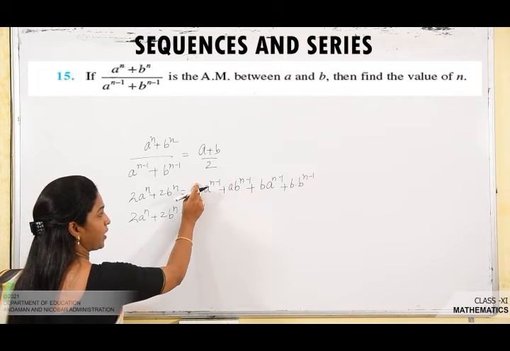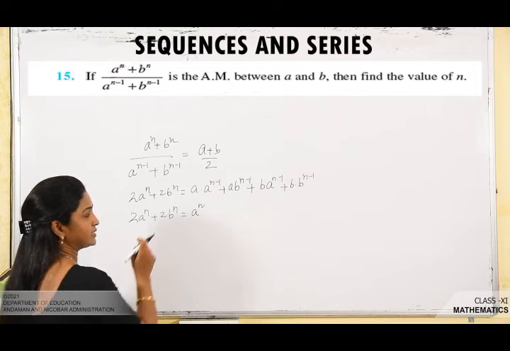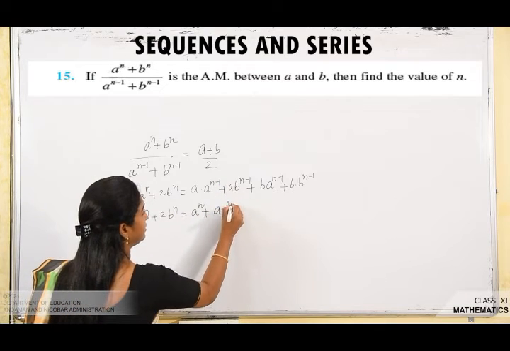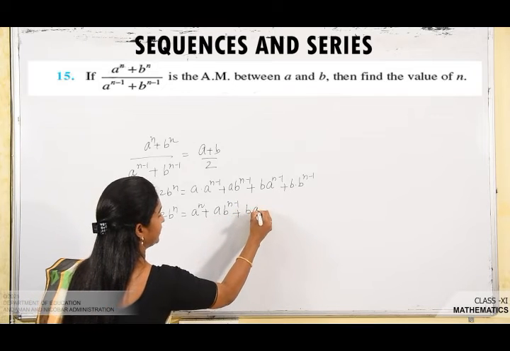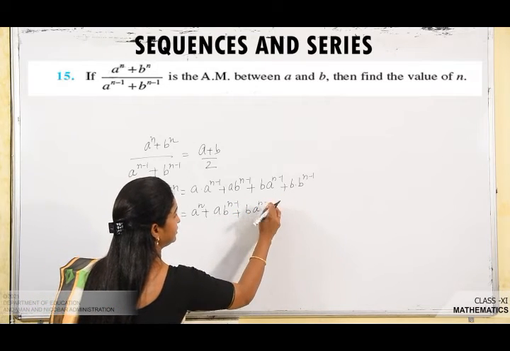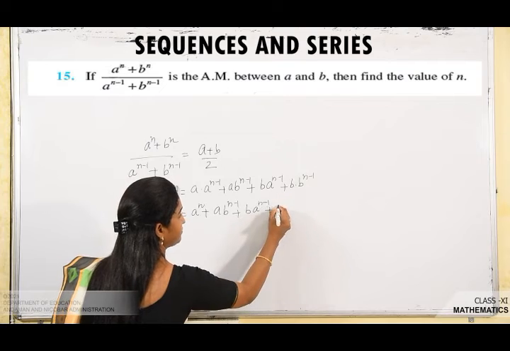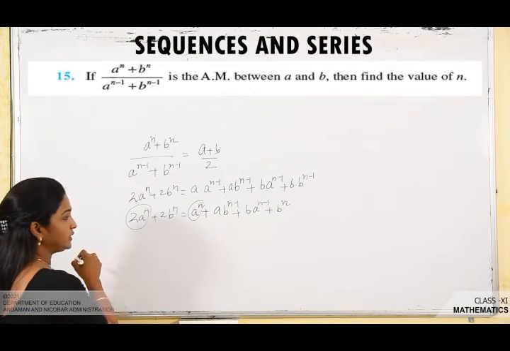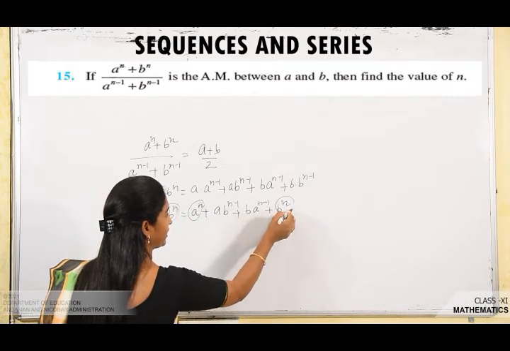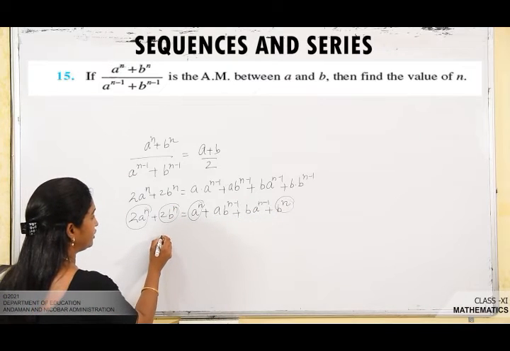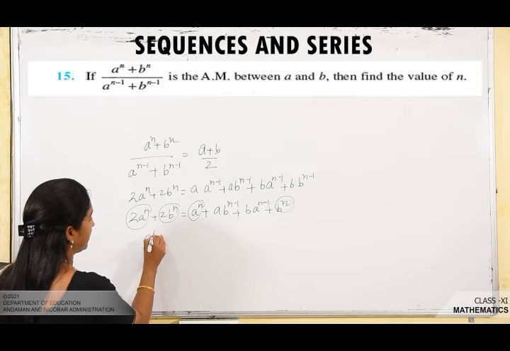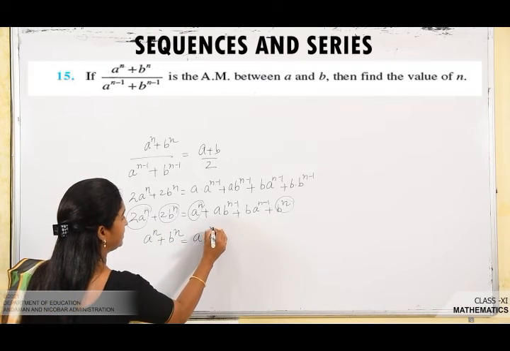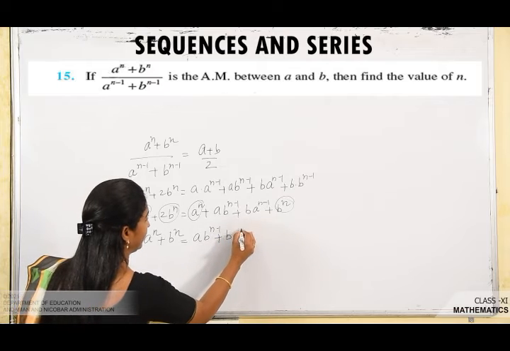Powers can be added, so 1 plus N minus 1, the 1 cancels out, and you are getting A to the power N. Similarly you get B to the power N. So this term cancels with this term, and this term you can subtract with this term. Finally you are getting A to the power N plus B to the power N is equal to AB to the power N minus 1 plus BA to the power N minus 1.